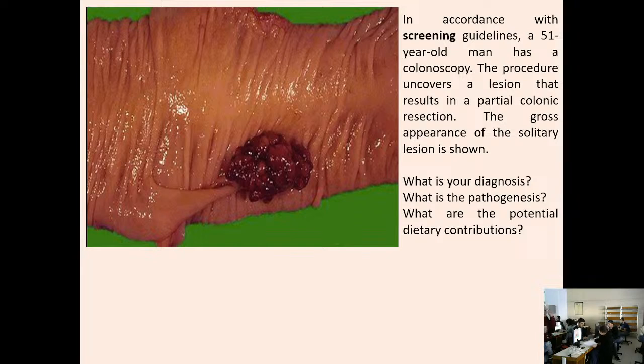So if you see true invasion, that means glandular neoplastic elements invading the stalk of this adenoma, this is malignant transformation. And in this case, you'll think that colectomy may be performed.